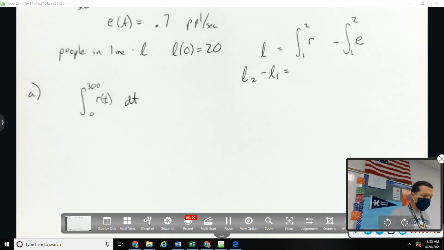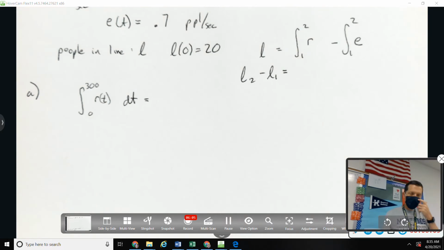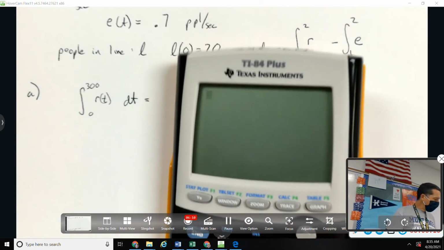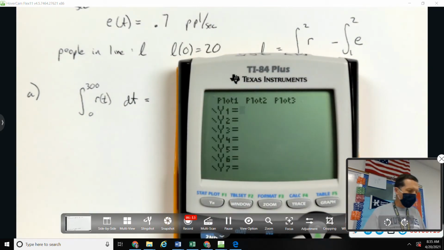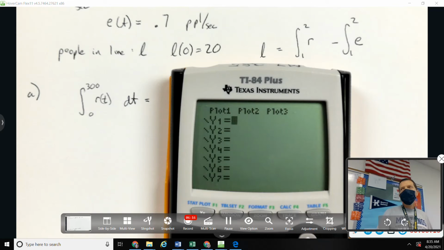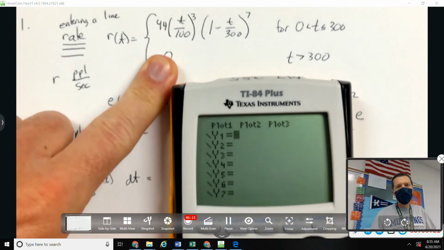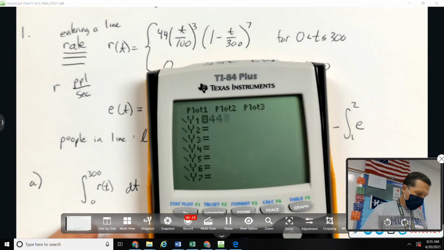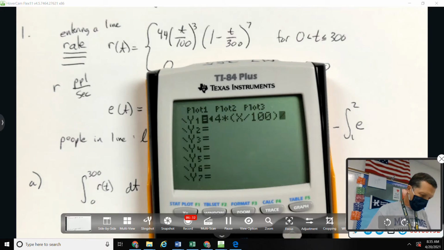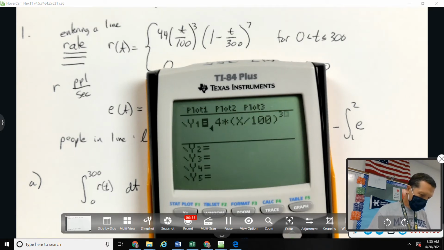And since it's a calculator question, I can now just go to the calculator and let the calculator do it. Since this is a multi-part question, I probably want to put R in for Y1. That way, if I need it again, I don't have to keep typing in this ugly thing. I can just go to Y1. It's ugly, but deal with the ugliness once rather than multiple times. I don't think I even want to graph this really.